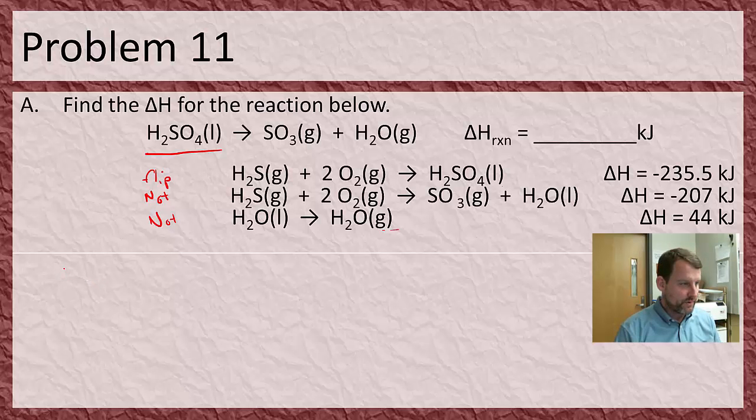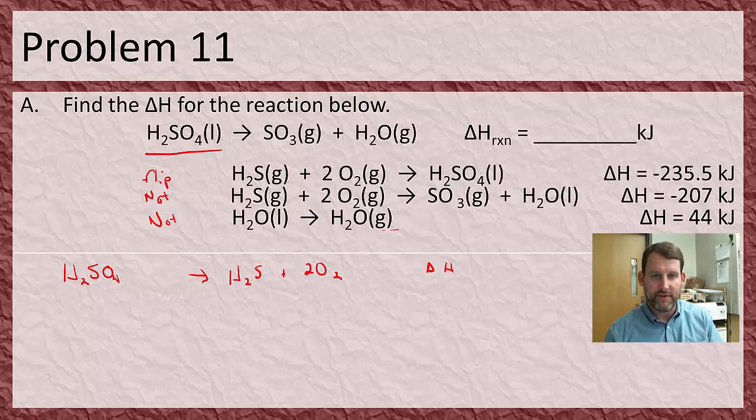So this first one I'm going to say is H2SO4, and that is going to H2S plus 2O2, and the delta H here, since we flipped it, is opposite, so it ends up being positive 235.5 kilojoules.